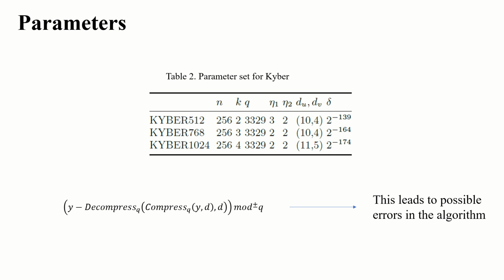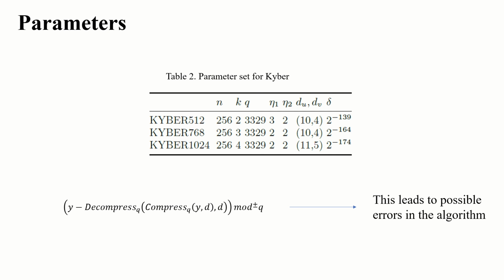The remaining parameters eta_1, eta_2, d_u, and d_v were chosen to balance between security, ciphertext size, and failure probability. Note that all 3 parameter sets achieve a failure probability of less than 2 to the power of negative 128 with some margin. They discuss this in more detail in their paper.